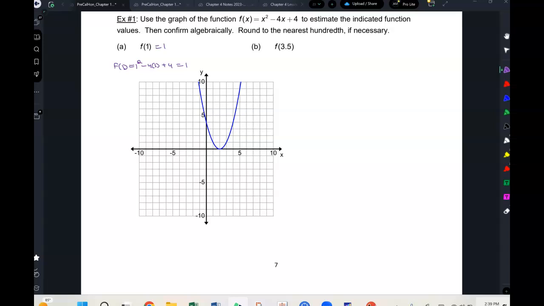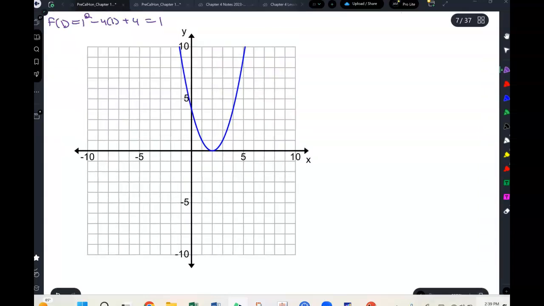Now, when I look at f of 3.5, so this is 2, 3.5, and if I follow this up, it's right here. It's about 2.5. So this y value is between y equals 2 and y equals 3.